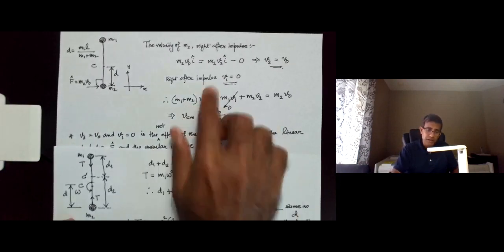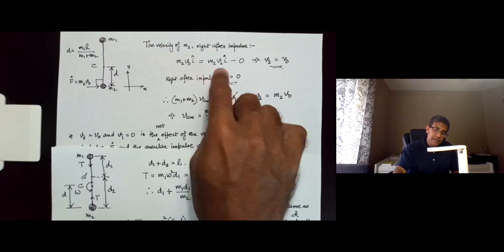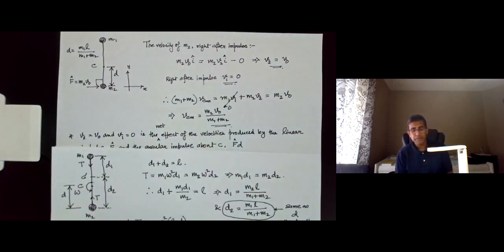As we did over here, we applied the linear impulse momentum equation on particle m2. That gave us the net velocity of m2 after the impulse. We also applied it to m1 to give us the net velocity of m1 after the impulse.